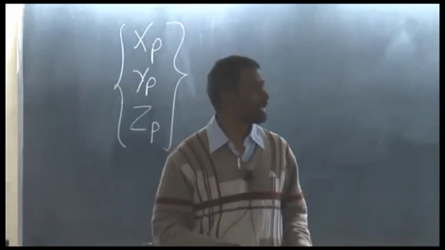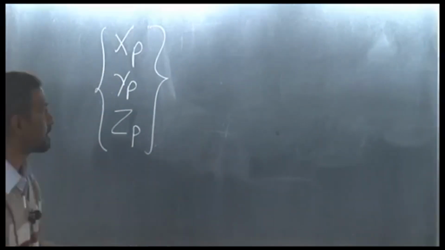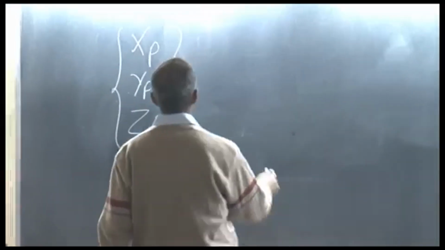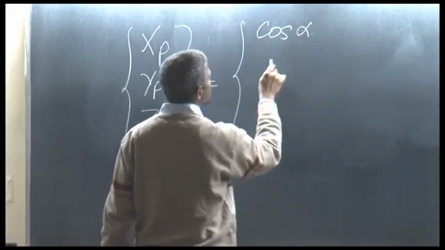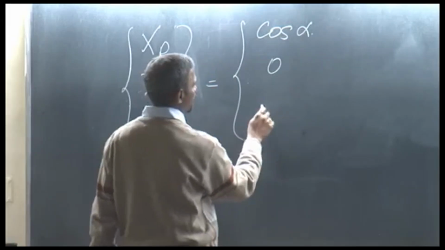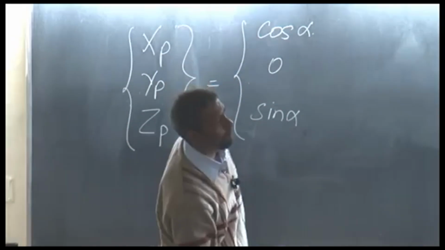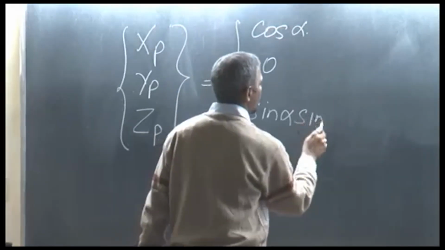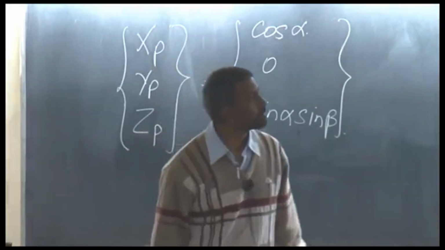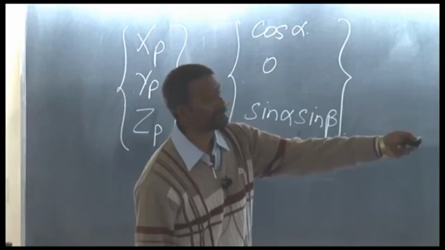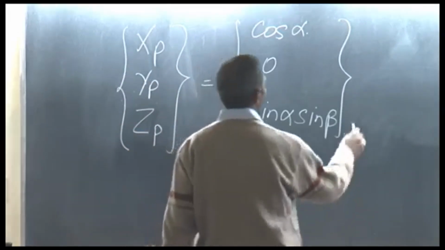Let's focus on the P coordinates. P coordinates are given by cosine of alpha, 0, and sine of alpha. Let's just focus on P. So if you plug in the value of alpha, what do you get?